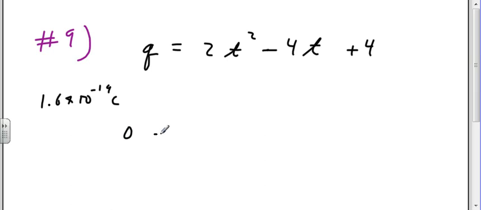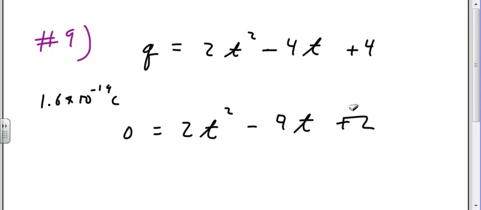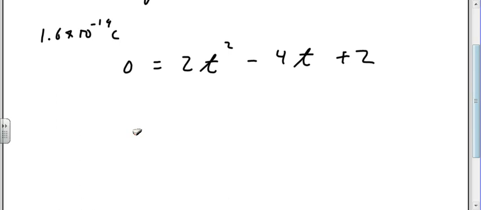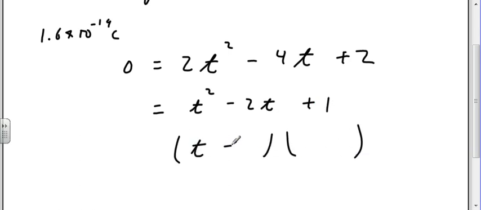I've got 0 is equal to 2t squared minus 4t plus 2. And I look at that, and I might be able to factor that. Oh, well, I just change it to divide everything by 2, right? T squared minus 2t plus 1. Oh, well, I don't have to think about it. T minus 1, t minus 1 is 0.